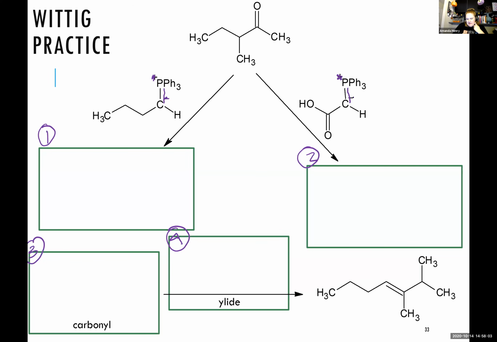Let's start with box number 1. We have a ketone, and we're going to react it with an ylid. I know I'm going to keep that original carbon chain, and I know with an ylid I'm going to make a double bond. That's the start of my framework, the start of my product. At the other end of that double bond, on that carbon right there, I need to have some stuff attached to it.